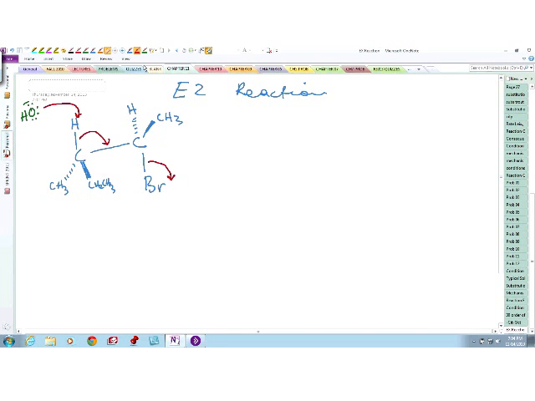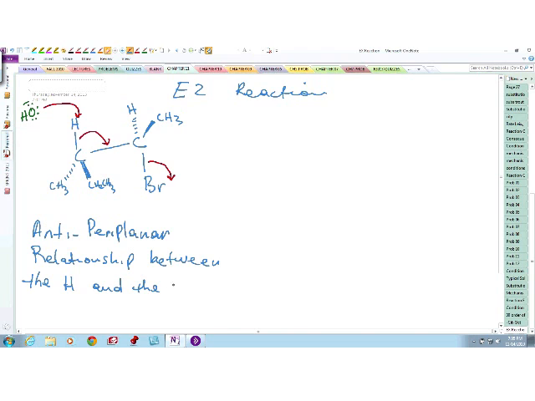This is what we call anti-periplanar relationship, between the hydrogen that is being removed and the leaving group.